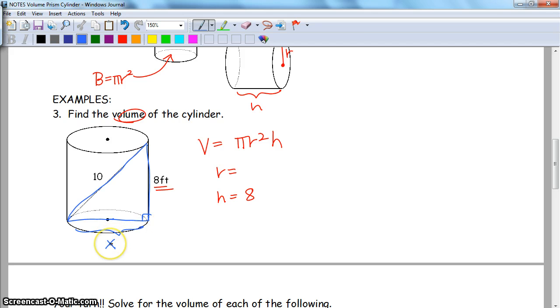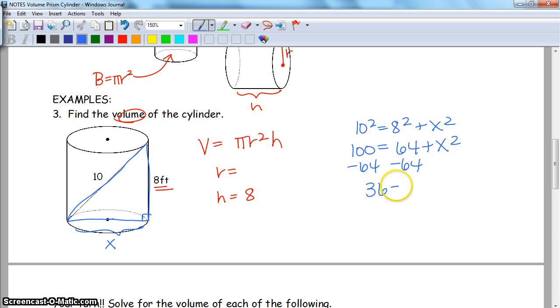So in order to find this, I'm going to do the Pythagorean theorem. 10 squared equals 8 squared plus x squared, or if you know your triples, this is a 3, 4, 5 that got doubled. So 100 equals 64 plus x squared. Subtract 64. 36 equals x squared. I square root both sides, giving me plus or minus 6 equals x, but we know we just want the positive version because you can't have negative length.